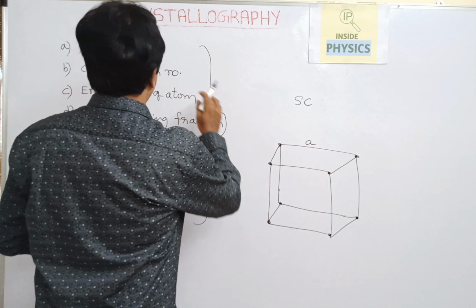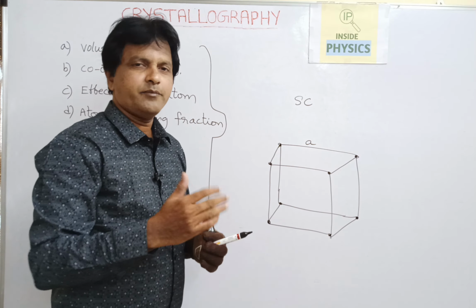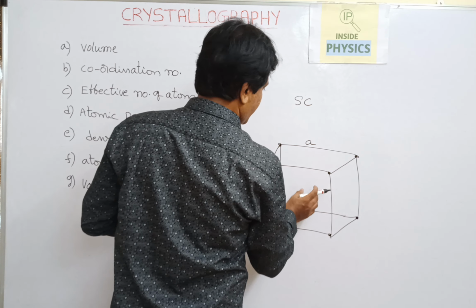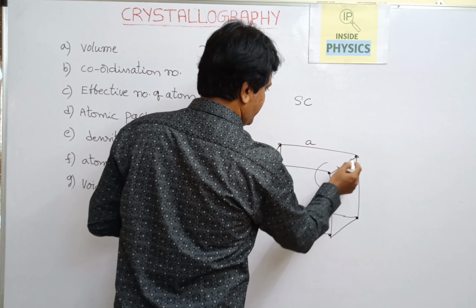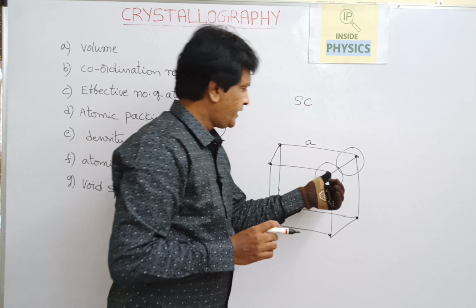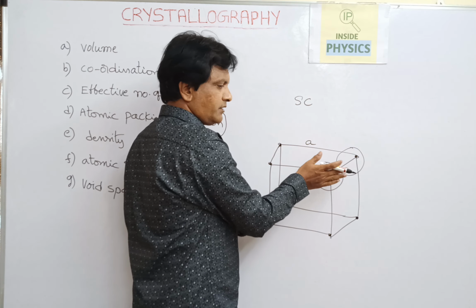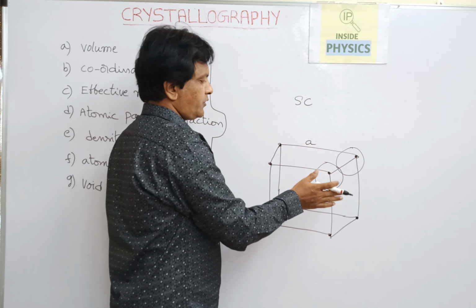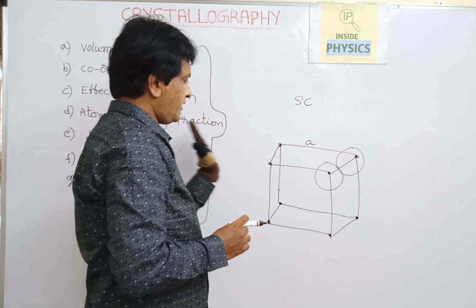So volume is already calculated. Coordination number means the number of neighbor atoms of each atom. Imagine that there is an atom at each corner of the cube. If you take this atom, there will be another atom in this three-dimensional picture, because there is another cubic unit cell on this side, on the back side, on the right side, below and on the left side.